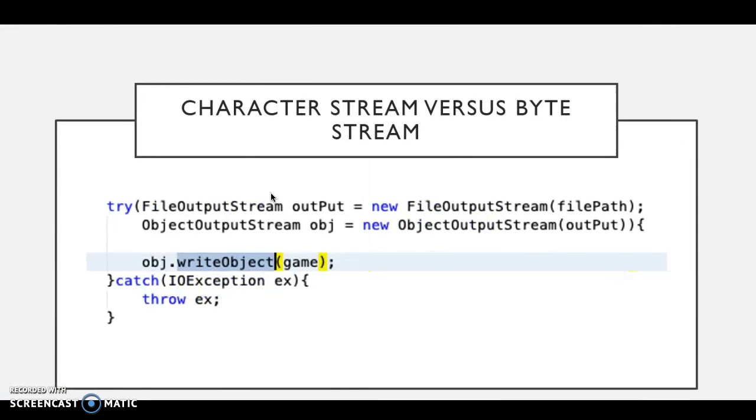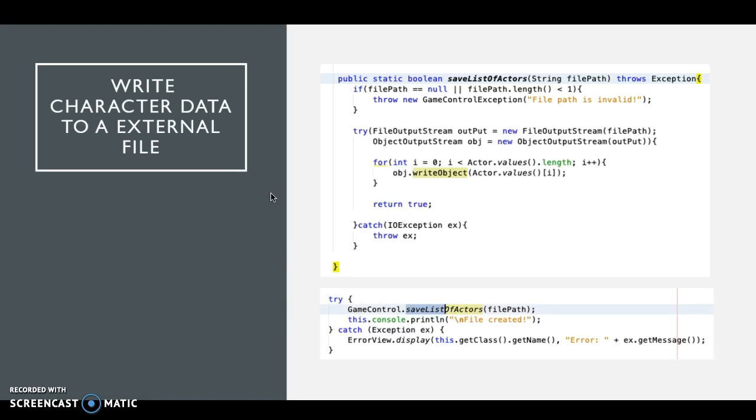All right. So moving on, I'm going to talk about writing character data to an external file. I created here a method that is going to ask the user to enter the file path, and is going to check whether the file path is correct or not.